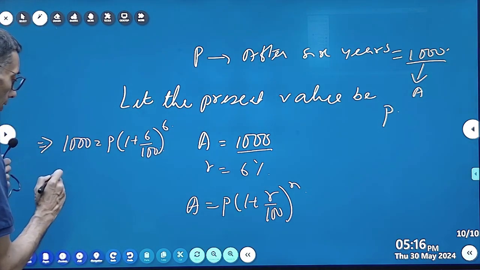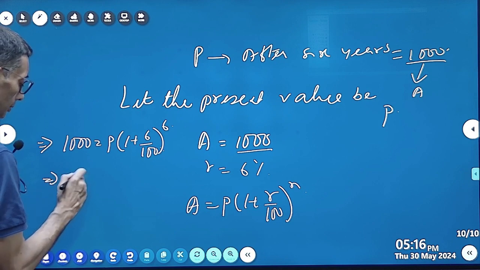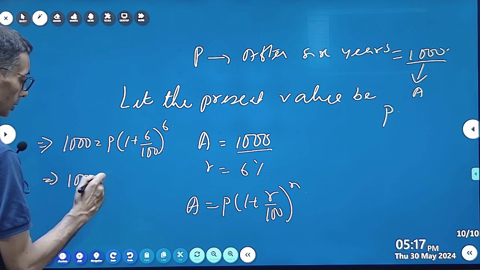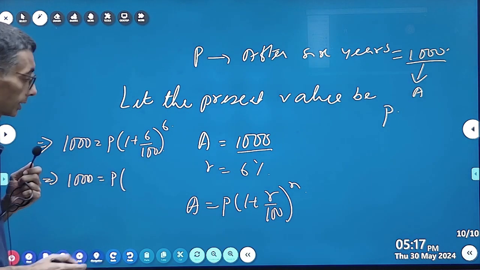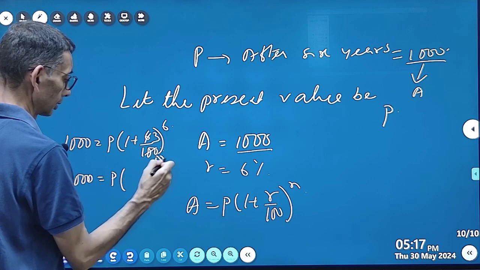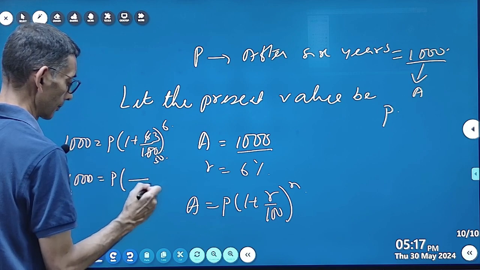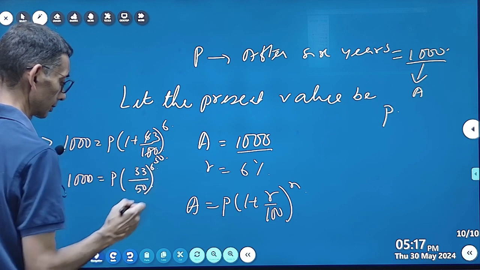So how will we calculate this? We can cancel 6 and 100 by 2, giving 3 and 50. So it's 53 by 50 whole to the power 6.